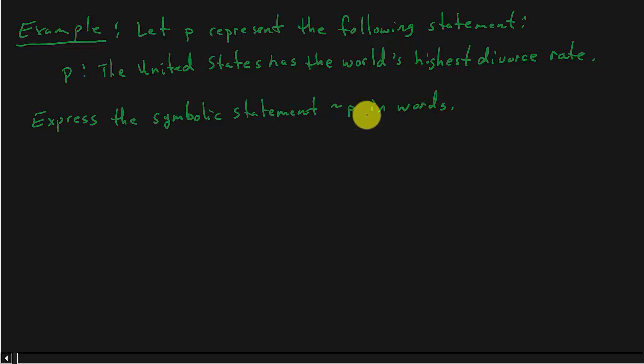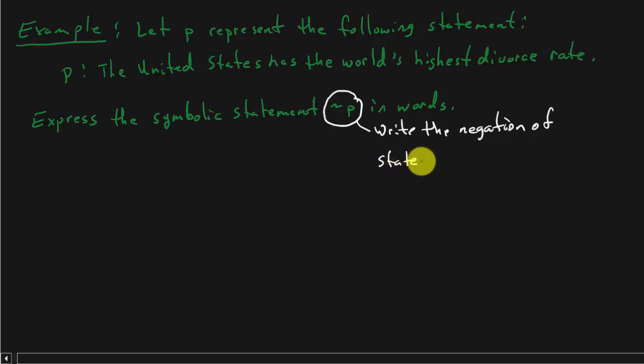So what this means is to write the negation of the statement P. Well, what's the statement P? The United States has the world's highest divorce rate. So not P. How would we write that?